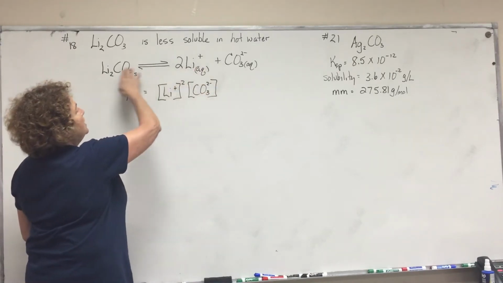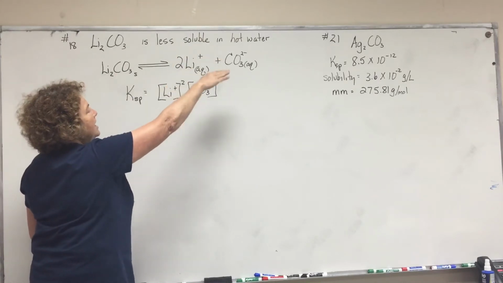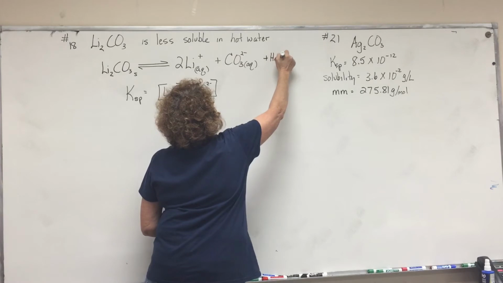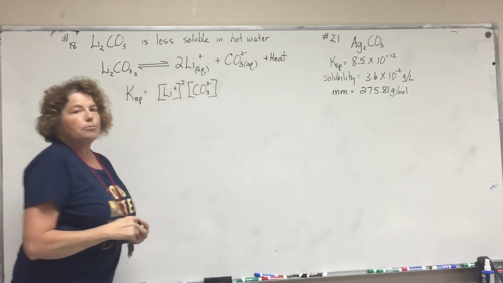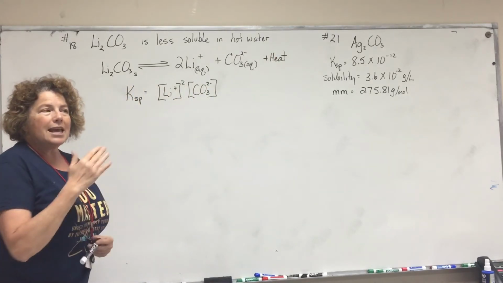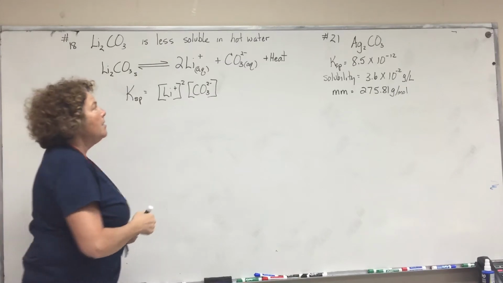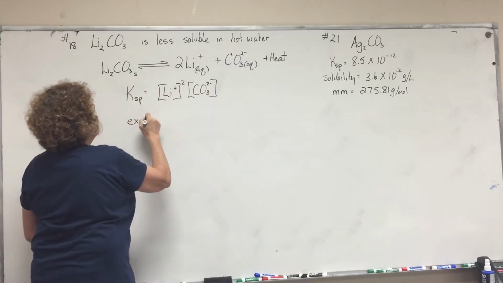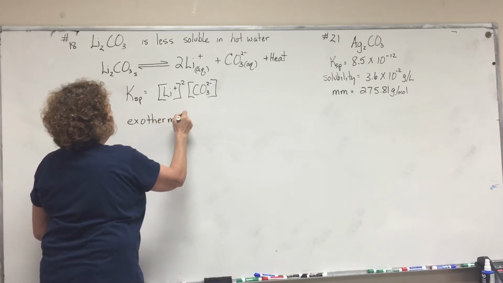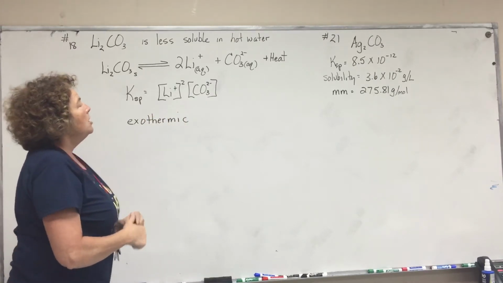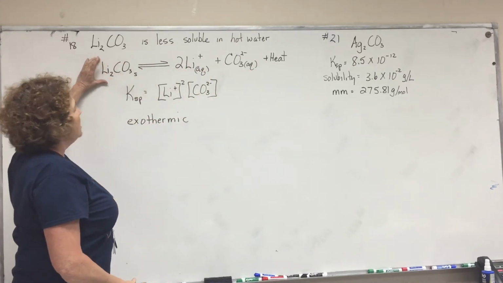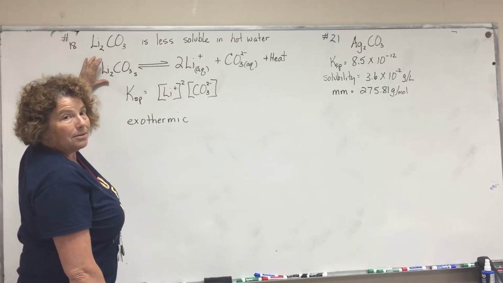If it's shifting to this side when you're adding heat, that must mean heat is in the products. So if heat is in the products, dissolving this is an exothermic reaction, because the more you heat that up, the more it'll shift here and make it less soluble.